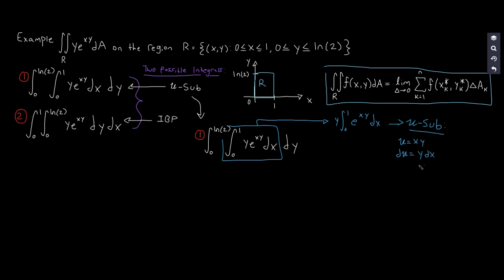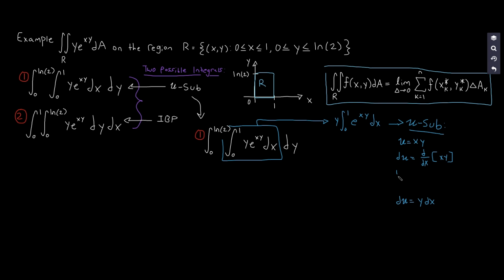And maybe I can show the steps, because I don't want to be gatekeepy to people who are watching and who maybe don't know how to do this stuff in their head. So basically, I want du, and we're taking the derivative with respect to x of x times y. There's a y in there, but the y gets treated as a constant, and we're taking it with respect to x.